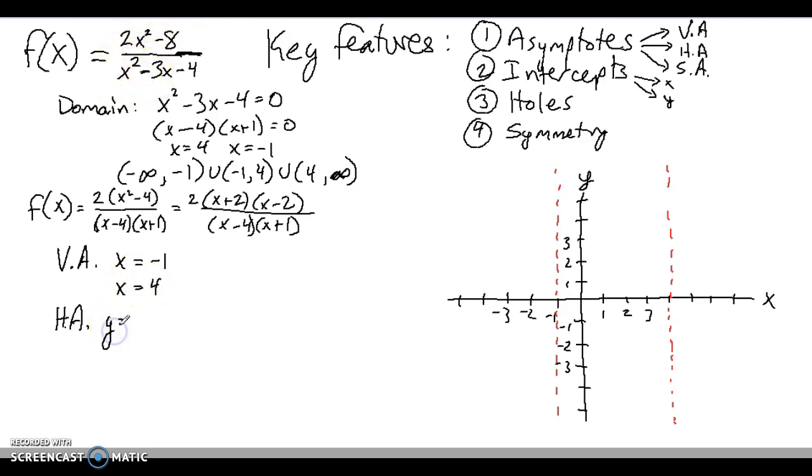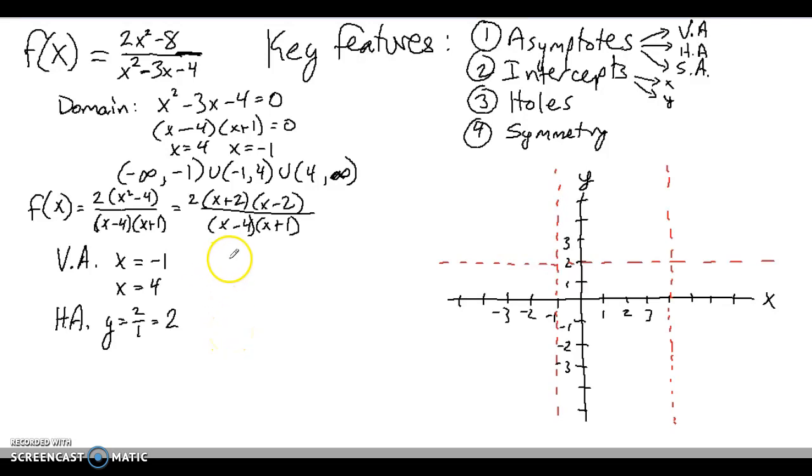So our horizontal asymptote is just going to be the ratio of my leading coefficients, which is a 2 up top and a 1 on the bottom, or just plain y equals 2. Since I have a horizontal asymptote, I know that I do not have a slant asymptote, so I don't have to worry about that. Intercepts, x and y intercepts.